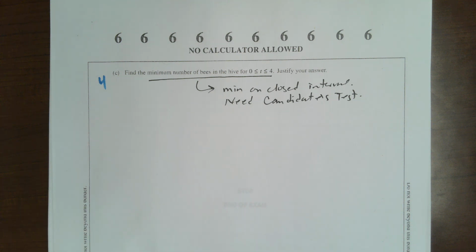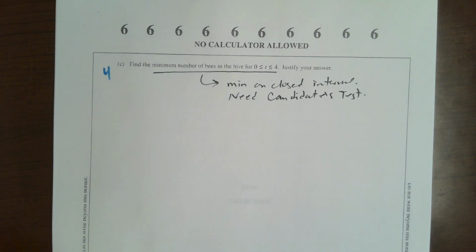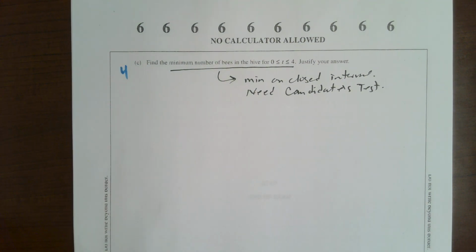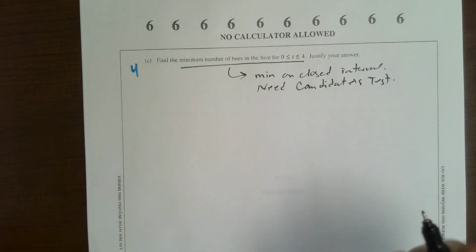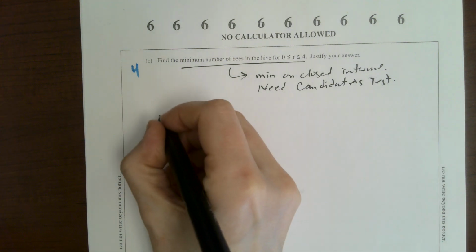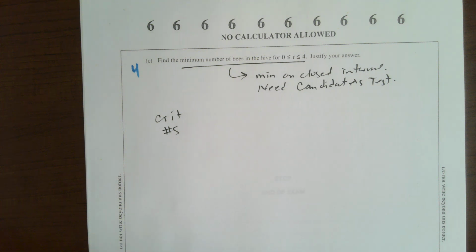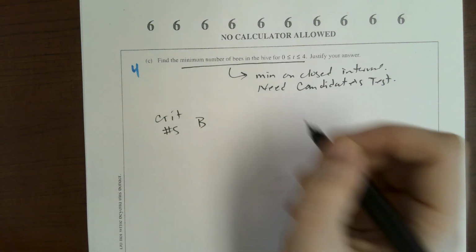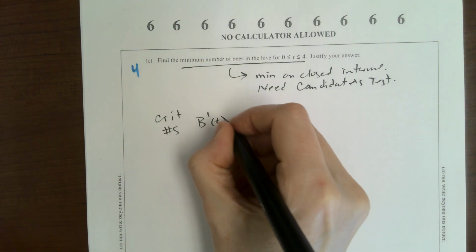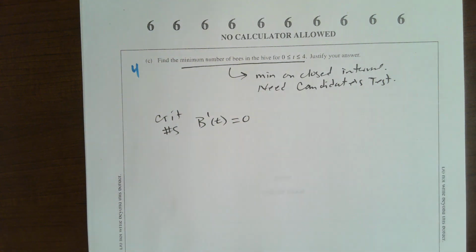Because we've been saying it a lot. Anyway, the way the candidates test goes is you find the critical numbers. So this is where the derivative, B prime of t, equals 0.